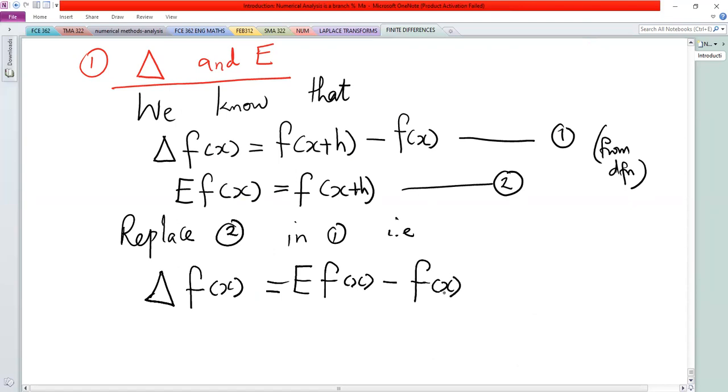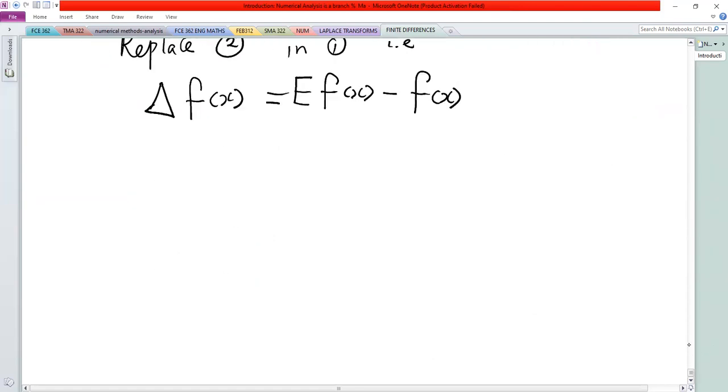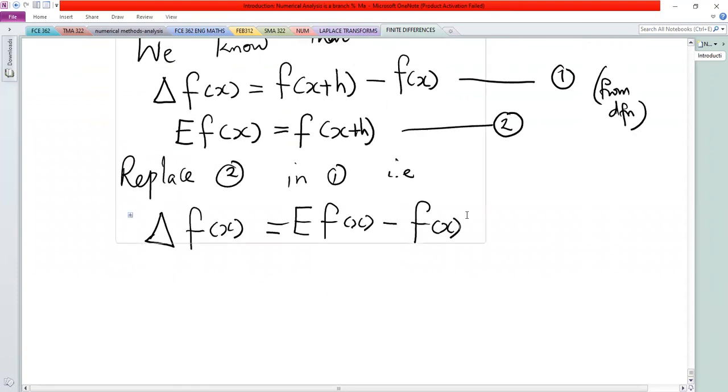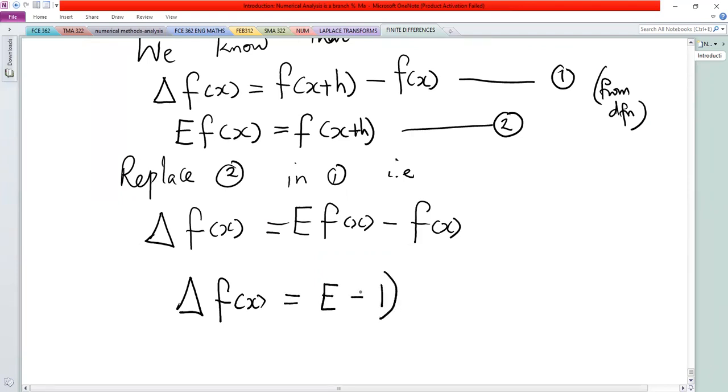Now, by doing this, the right-hand side has two terms, and those two terms have a common value, f of x. So we can write forward of f of x equals shift minus 1, and then we write f of x, factoring out the function f of x.